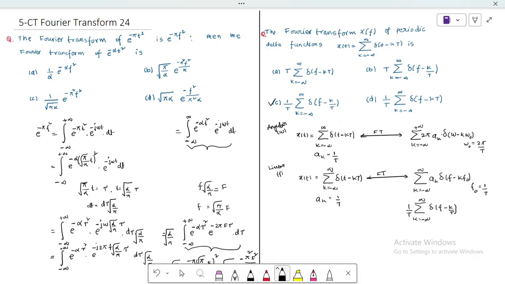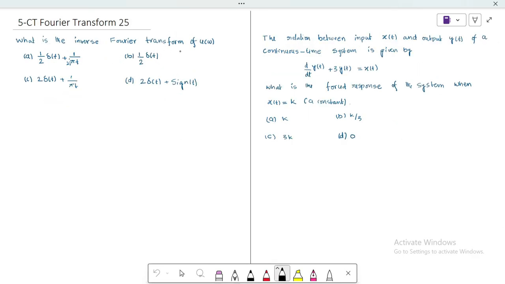Next question: what is the inverse Fourier transform of u of omega? Say u of t, its Fourier transform equals 1 by j omega plus pi into delta of omega.